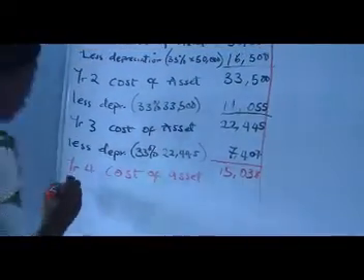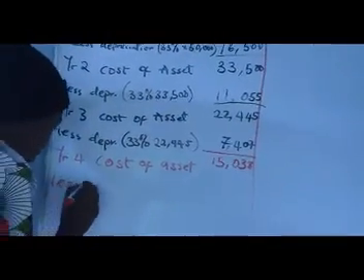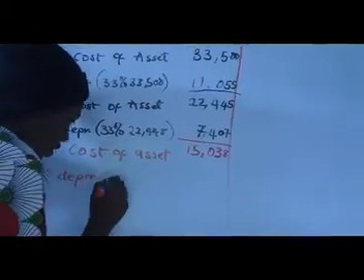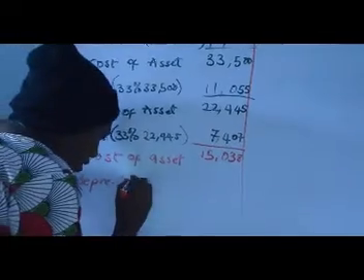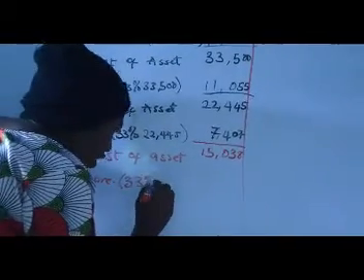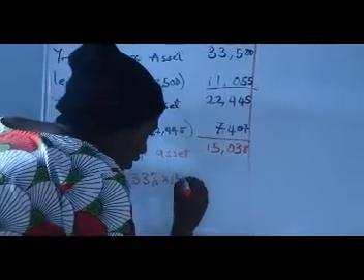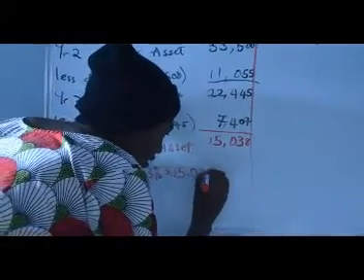Also, at the end of the fourth year, we have to less our depreciation, which is 33% of 15,038.